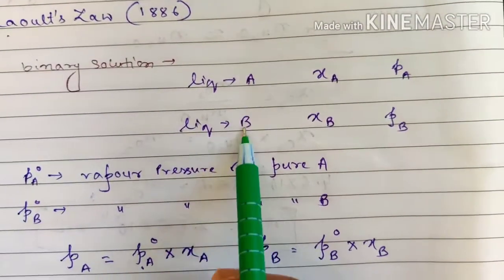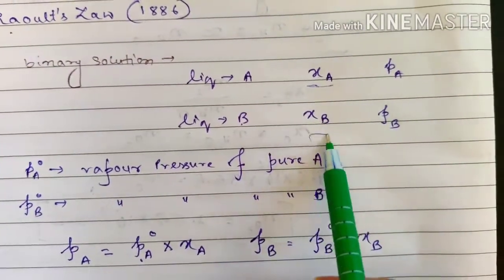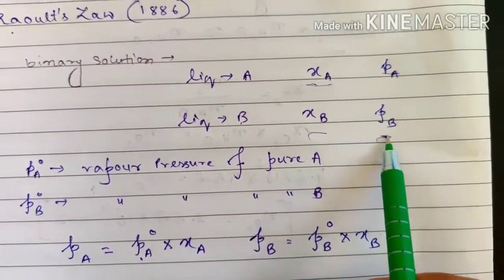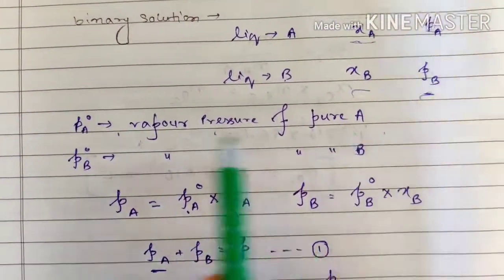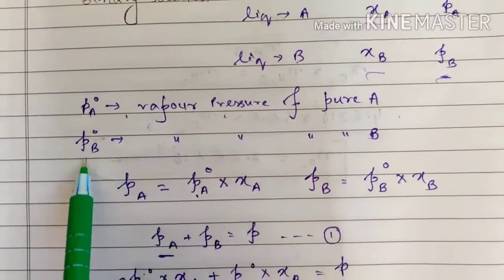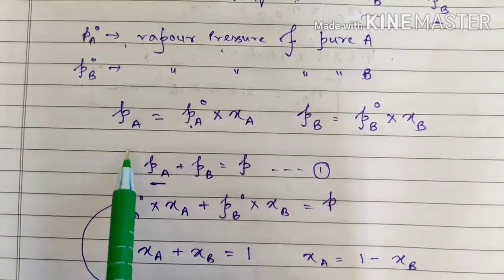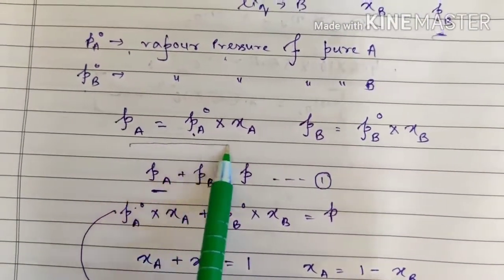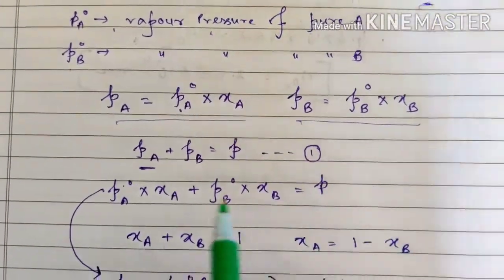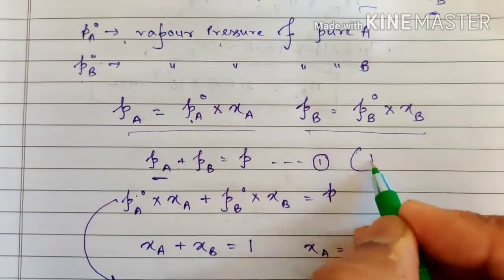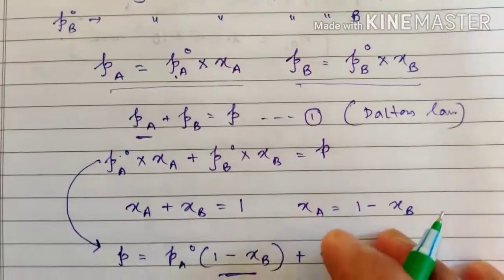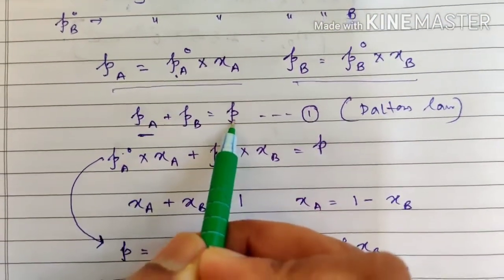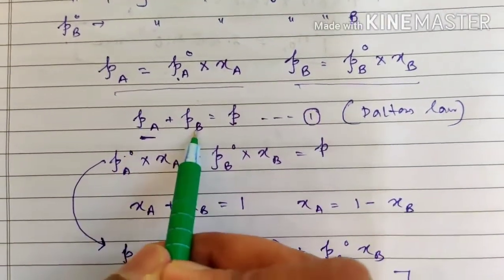We have chosen two liquids, its mole fraction, its partial pressure. Now we know the pure vapor pressure of A we have taken as PA0, then we have taken PB0. So we have written these two as per the Raoult's law. Then as per Dalton's law, we can write the total pressure will be equal to the sum of the partial pressures.